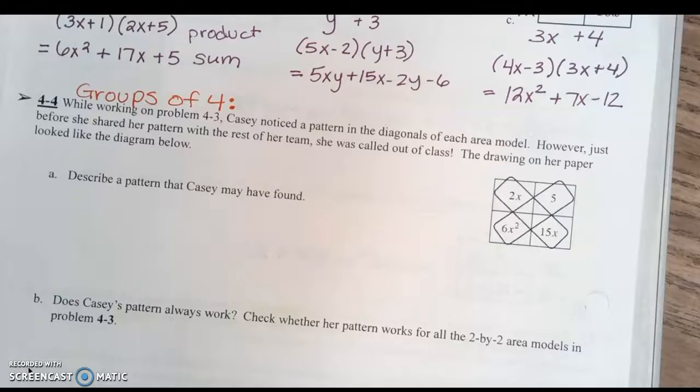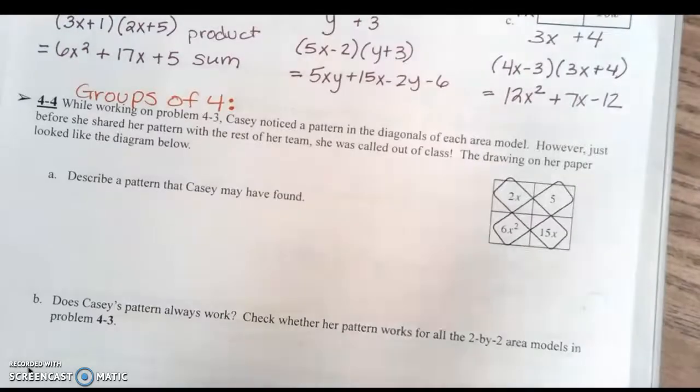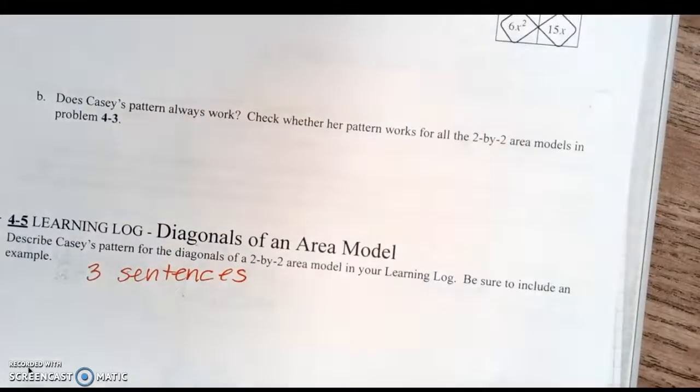Okay, so for part A, it says, describe a pattern that Casey may have found. And then part B says, does Casey's pattern always work? Check whether her pattern works for all the 2x2 area models in problem 3.